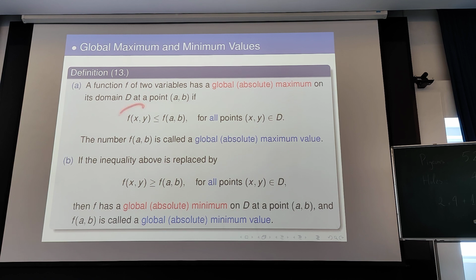So if the value of f at any point in the domain of the function is less than or equal to the value of f at (a, b), then this value is the global maximum value of f on its domain. It's quite easy to understand, right? And it's very similar to the definition of absolute maximum and absolute minimum in calculus 1. Right?